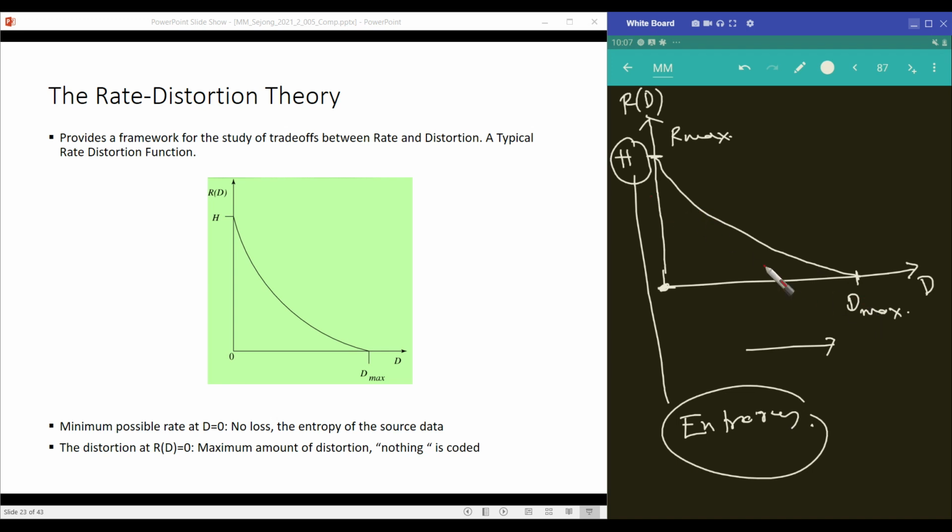We need to make some sort of trade-off between rate and distortion. If we would like maximum rate, then distortion needs to be 0, but that is really impossible. So maybe somewhere here, depending on your application, you need to choose at what rate and what distortion you will allow.